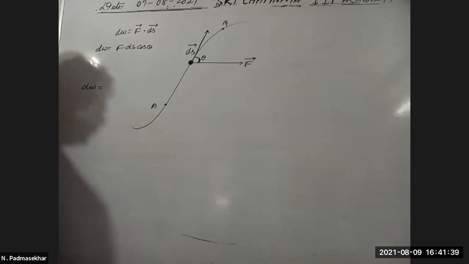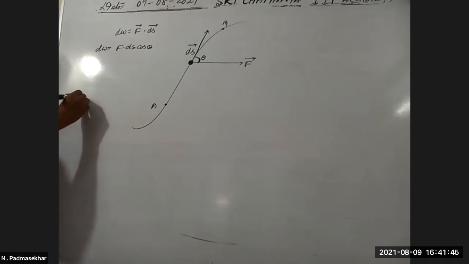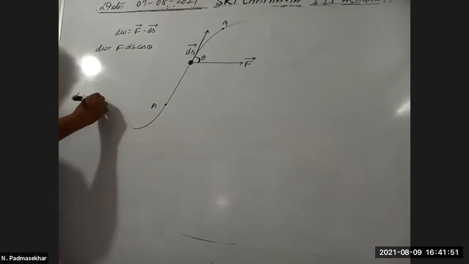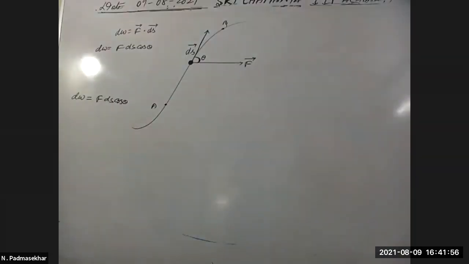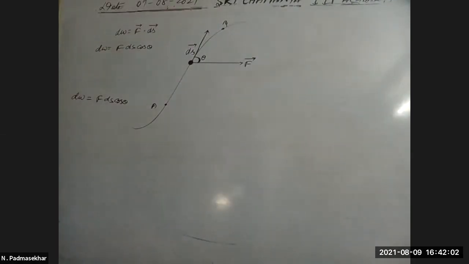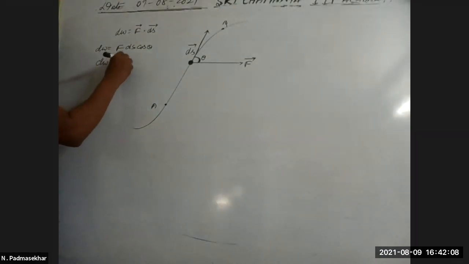So dw is equal to f ds cos theta. Now the total work done, W, is equal to the integral of dw from a to b.